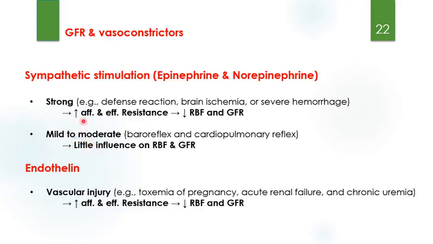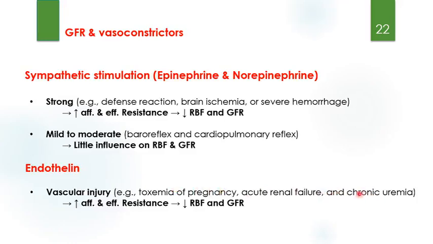So it is important to keep in mind that strong sympathetic stimulation constricts both afferent and efferent arterioles and increases their resistance. A similar effect is due to endothelin release, due to vascular injury, for example, toxemia of pregnancy, acute renal failure, and chronic uremia.